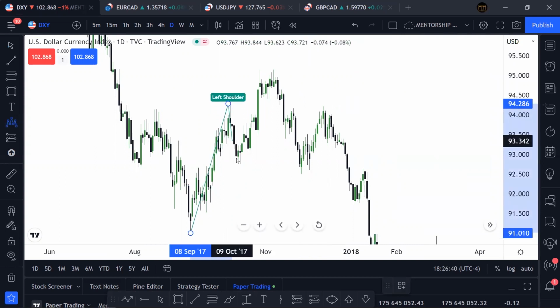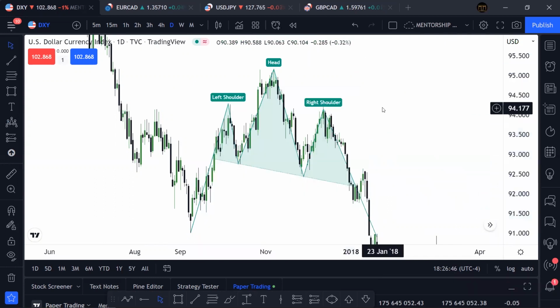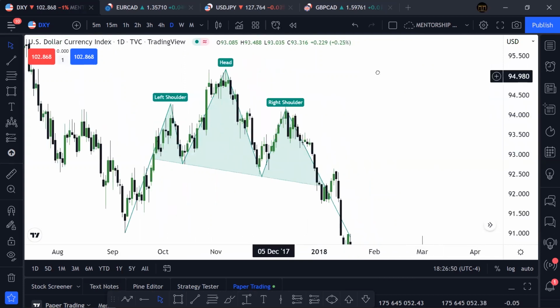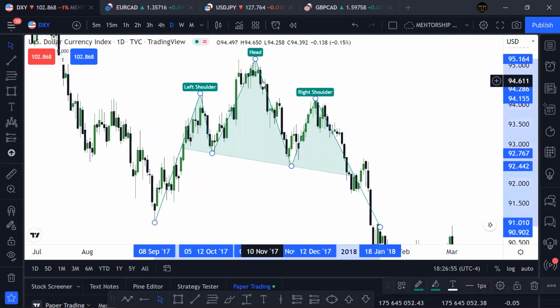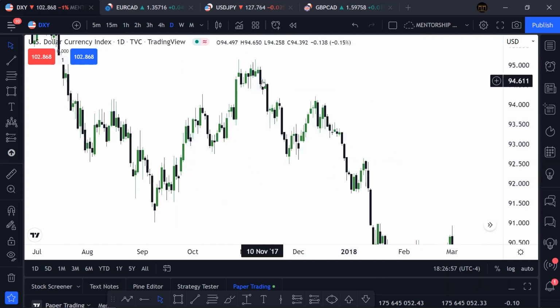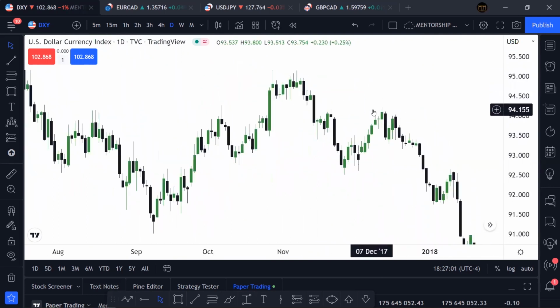A retail trader is looking at head and shoulder as a trend reversal pattern, which is okay. I have no problem with that. Sometimes they work and some other time they don't work, but they've never worked for me. So let me show you what I will be looking at here.